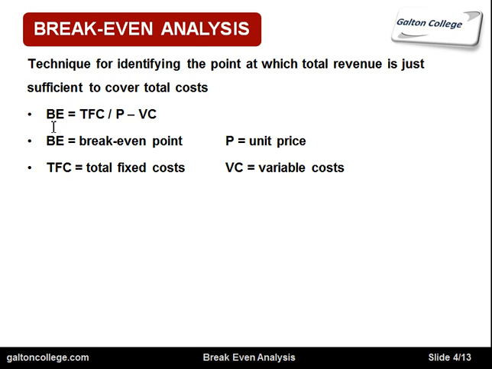But for the moment we've got the break-even level of output, BE. BE, break-even level of output, is equal to the total fixed cost divided by the price less the variable cost, VC. So the break-even level of output is equal to the total fixed cost divided by price minus the variable cost.